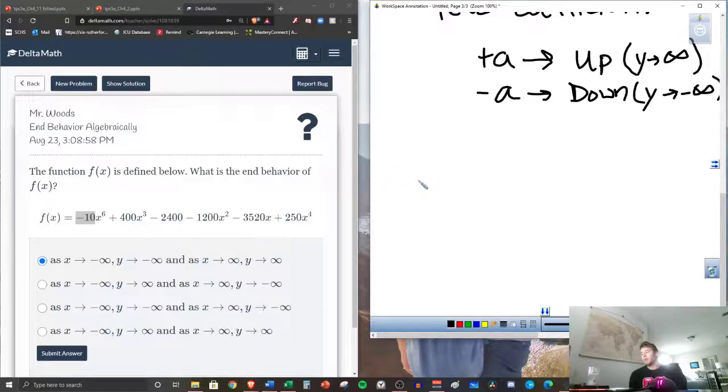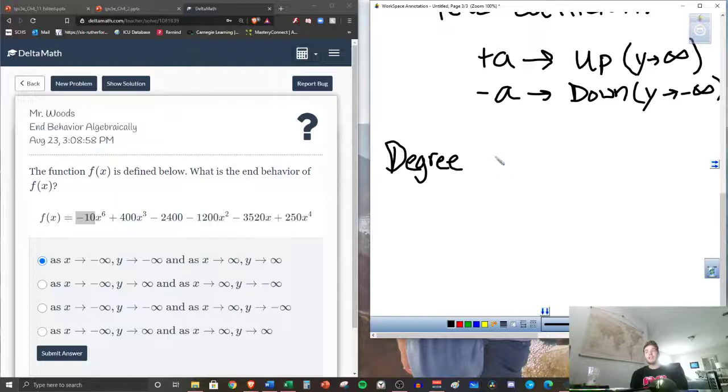The last thing that we want to determine is what is the other side doing, and how do we determine that from the lead coefficient? Well, we want to look at the degree. We've talked about degree already, and it should be in your definitions. Degree is equal to the highest power of the polynomial. Well, what is our highest power? It's 6 in this case, okay?